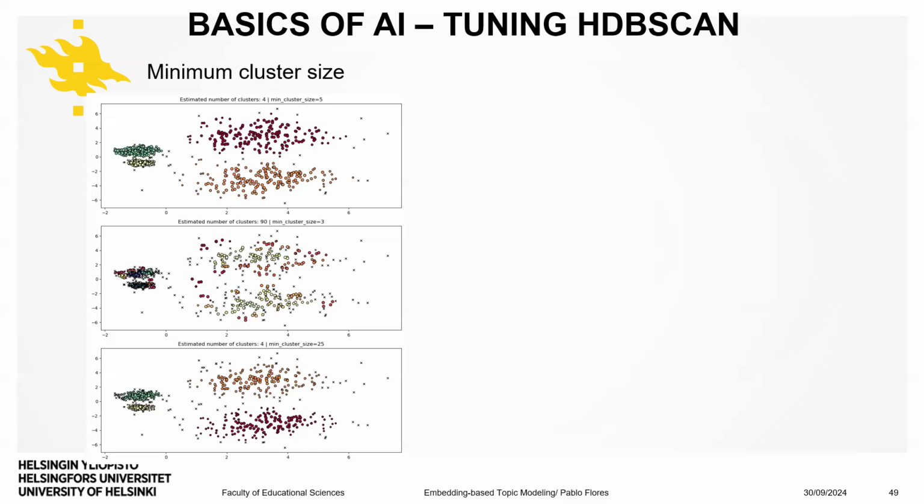Okay, so it starts with a minimum cluster size of 5 that correctly identifies 4 clusters. And then if I go down to, for example, a minimum cluster size of 3, then I have 90 clusters, and these bigger clusters are getting split, with different clusters inside them, and also for the more compact one.